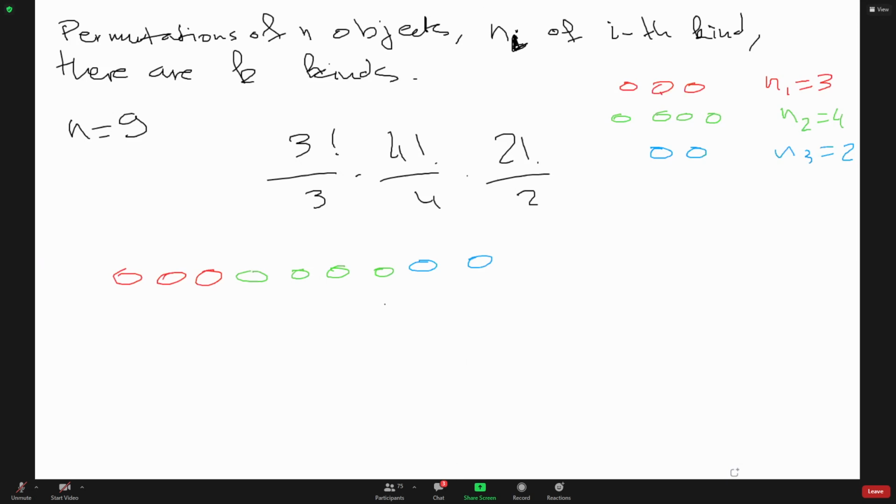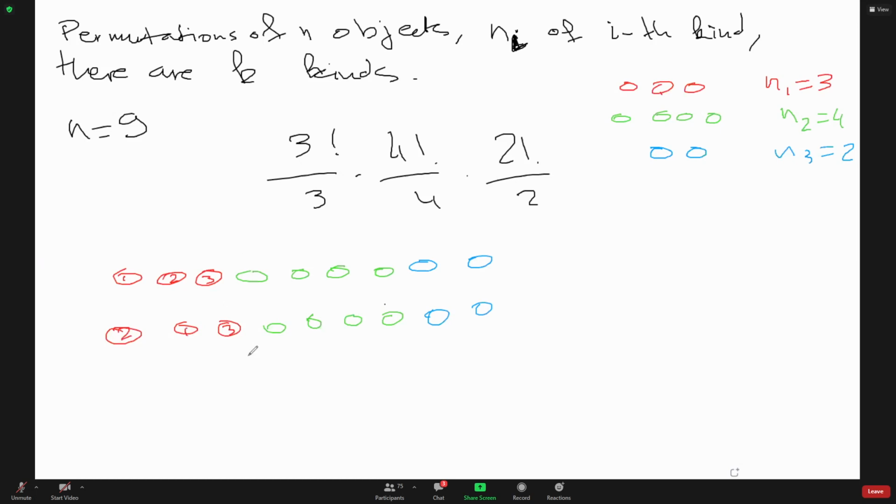Now, let's for a moment assume that these were numbered. And this was 2, 1, 3. And the rest the same.